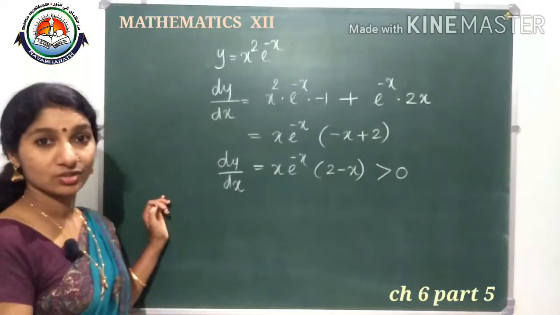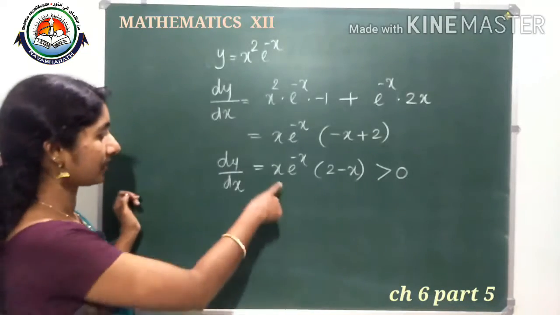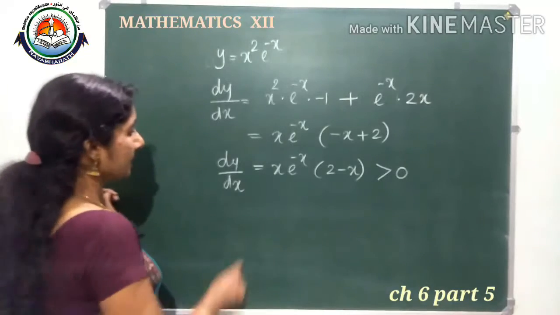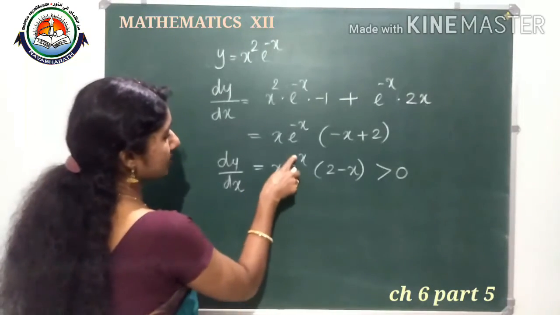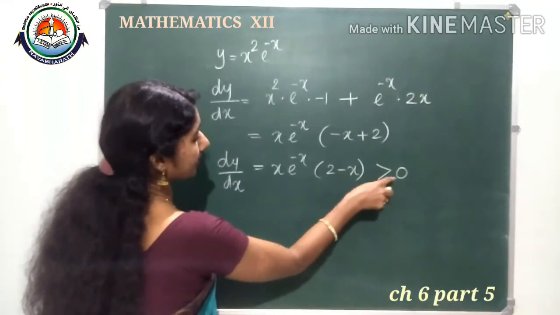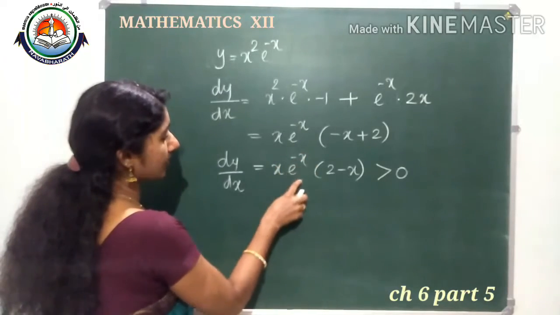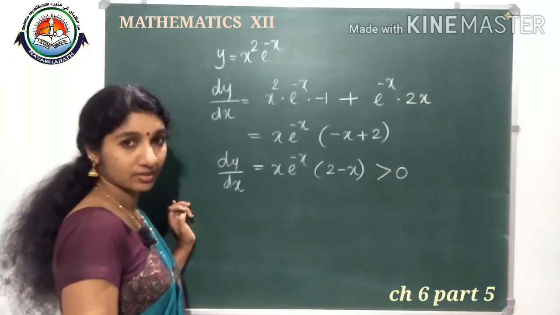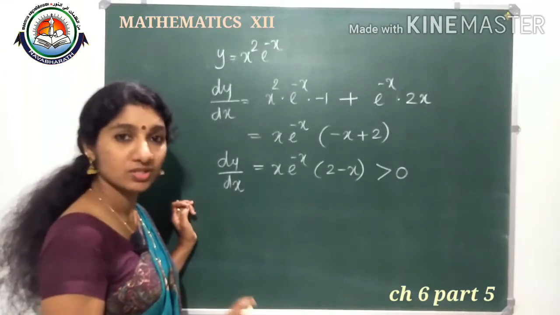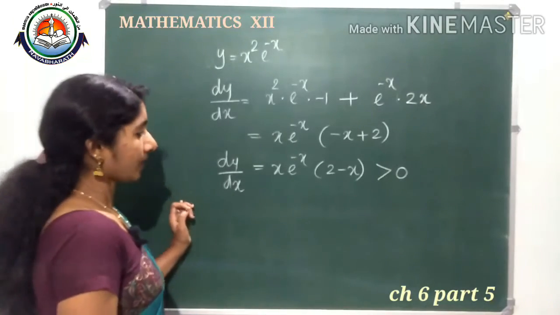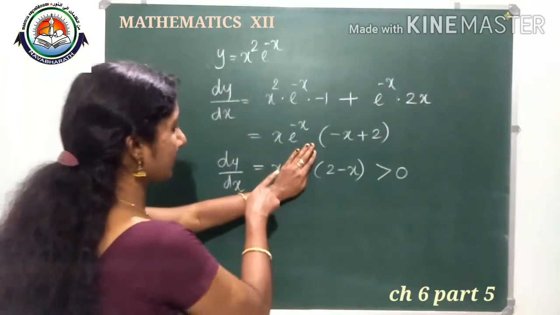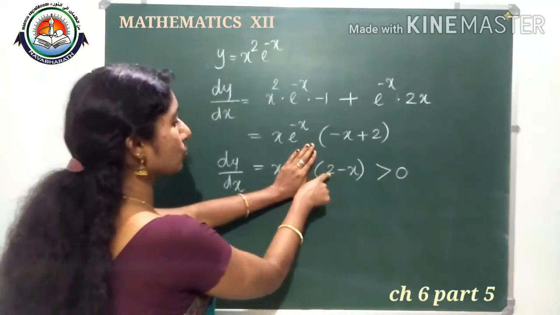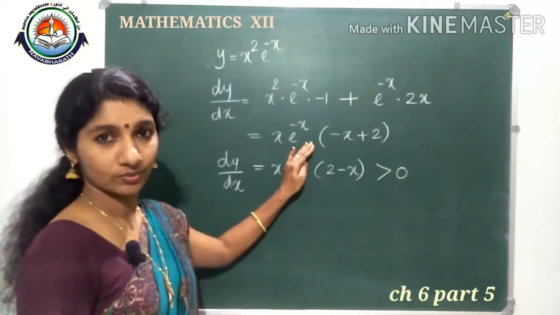Those values of x only we can take, because it is given it is an increasing function. So x into e raised to minus x into 2 minus x greater than 0 means, see, e raised to minus x is always greater than 0. No confusion about that one. Exponential function is always positive. And so to get this quantity as greater than 0, x into 2 minus x should be greater than 0.